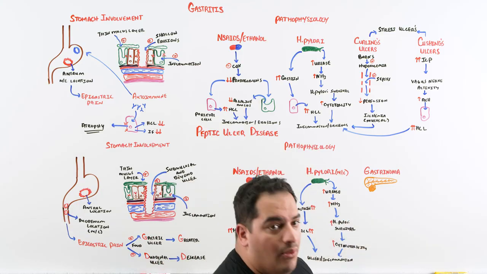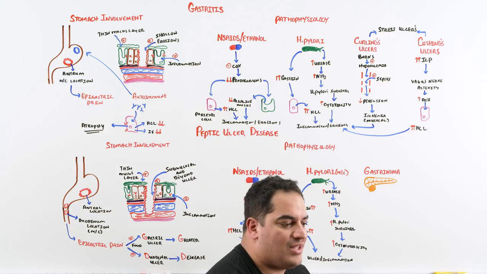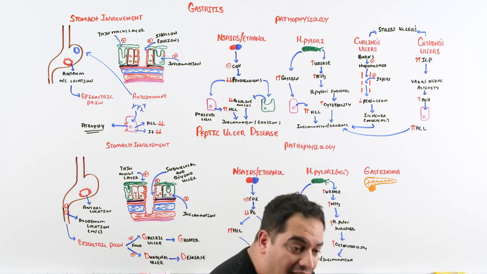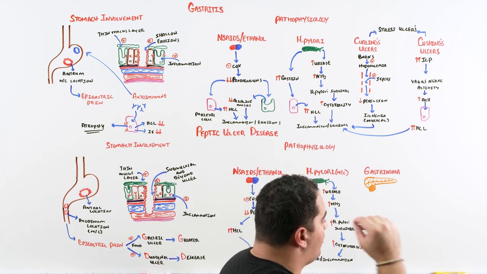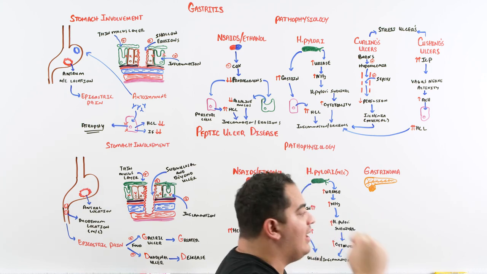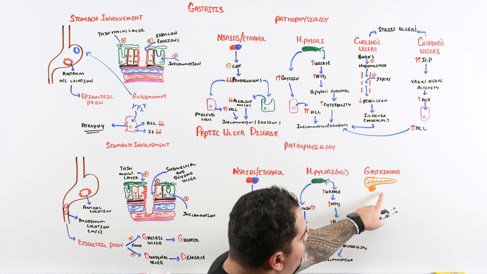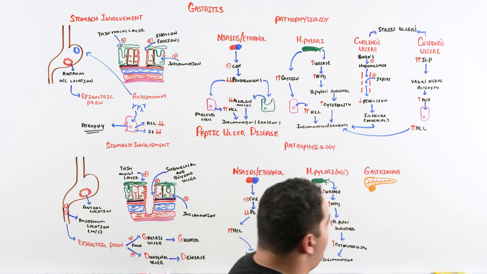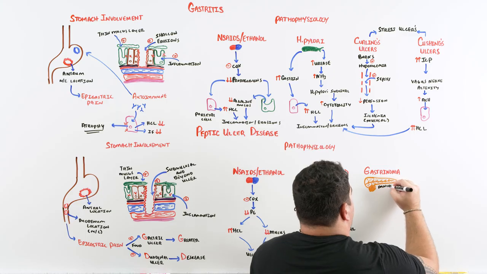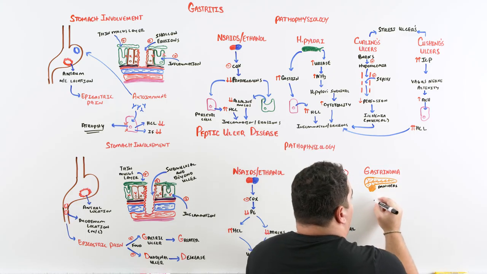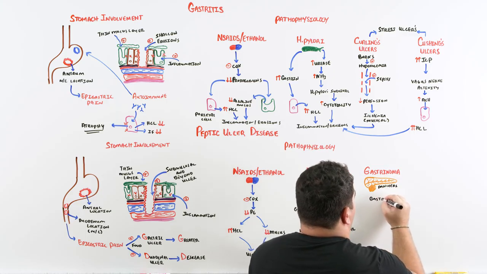The last one that I would really want you guys to remember: if a patient has refractory duodenal ulcers, so if you hear the term refractory duodenal ulcers, that is refractory to treatment, they just are not getting better, I want you to think about a gastrinoma. This is a tumor that usually sits around the level of the pancreas. And what this thing does is it pumps out tons of gastrin.